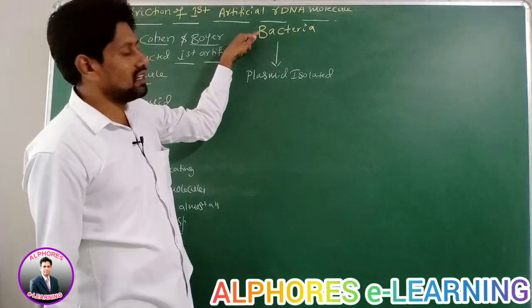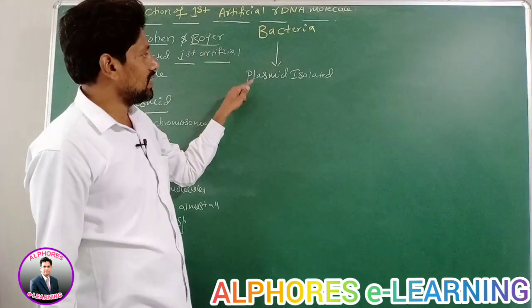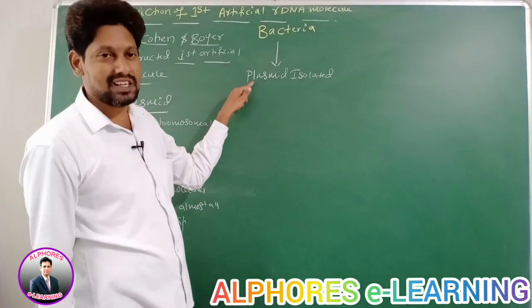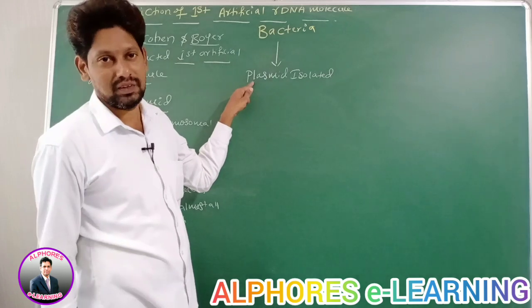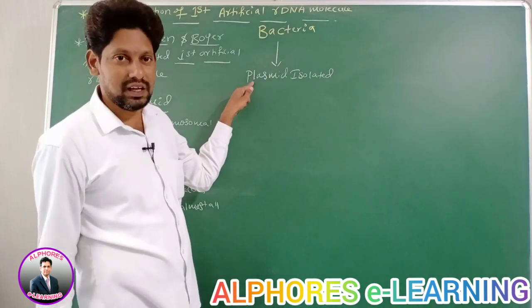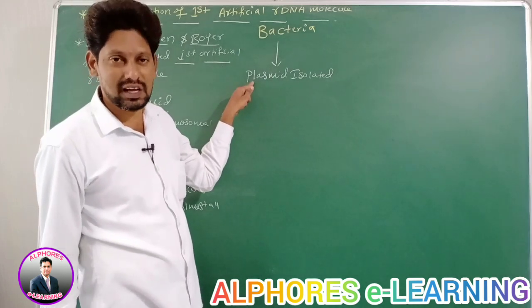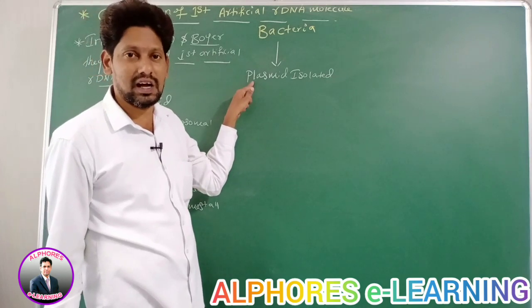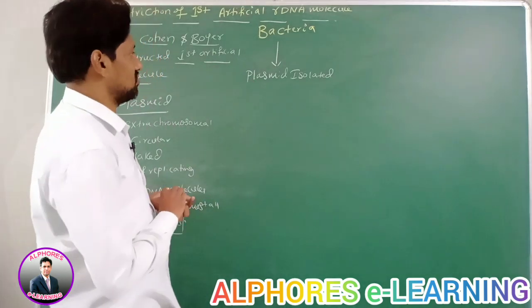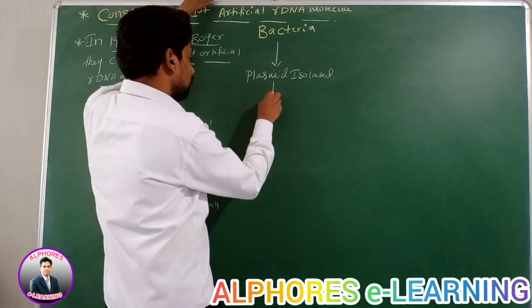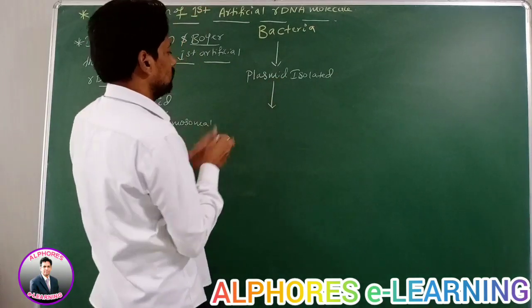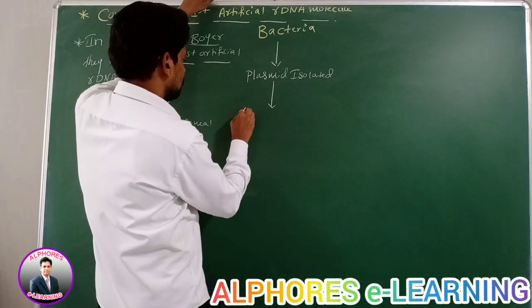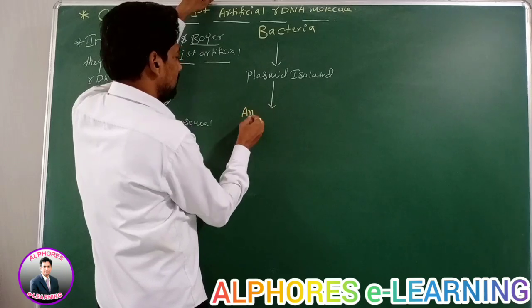Sir, from bacteria, Cohen and Boyer isolated the plasmid. Plasmid means a double-stranded DNA. From this plasmid, they isolated the antibiotic resistant gene. What is isolated, sir?